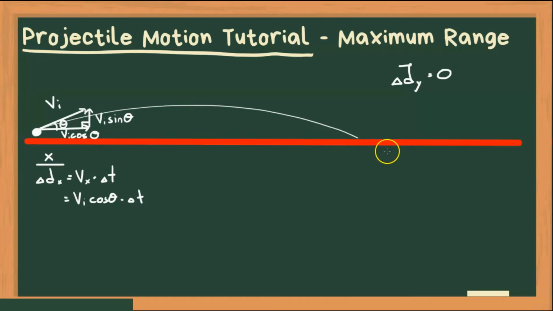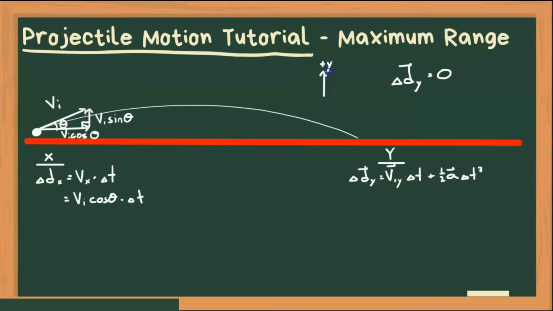Alright, so let's analyze our y components now. Now if we're looking at our y components, we have our vertical displacement, which will be 0, but we're going to use this equation, VIY times time plus 1/2 a, which is gravity, times time squared. Alright, now we're going to make up positive for this problem, but it doesn't really matter.